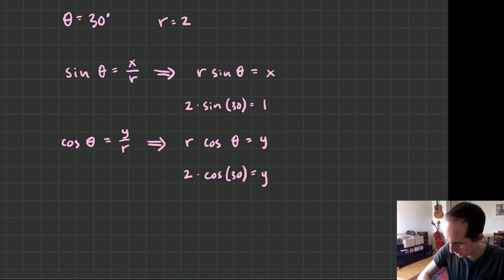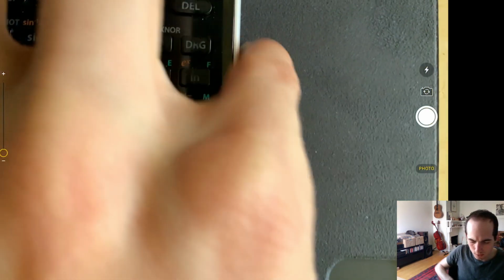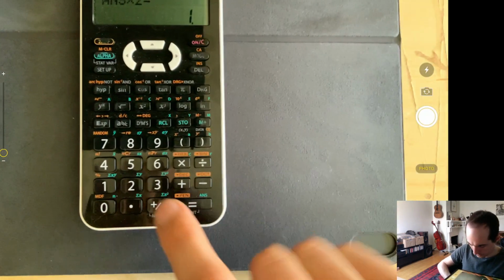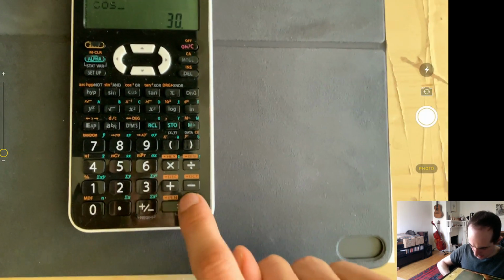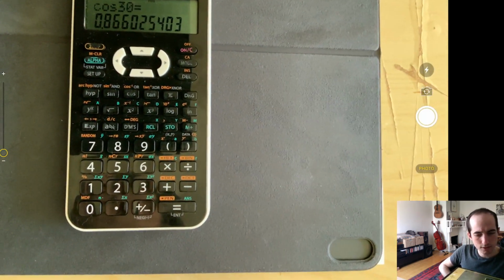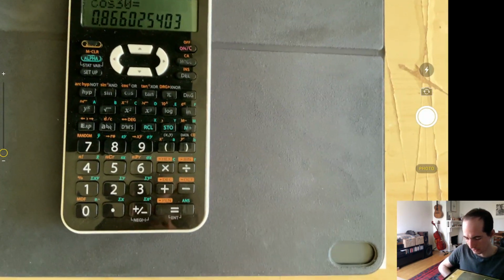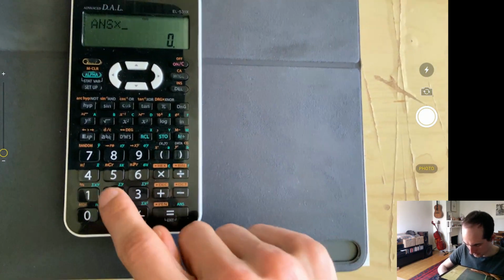Again, let's punch this in. Cos of 30, here's my cos button. Cos of 30 equals 0.8660254 and so on. So some crazy long irrational number, and then I'm going to multiply that by 2.